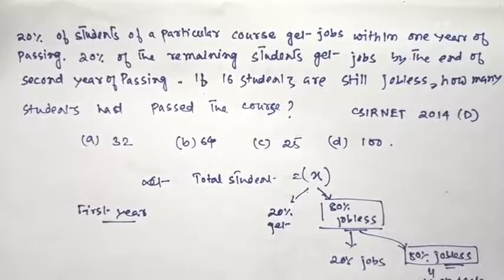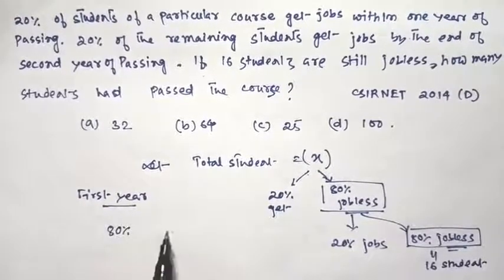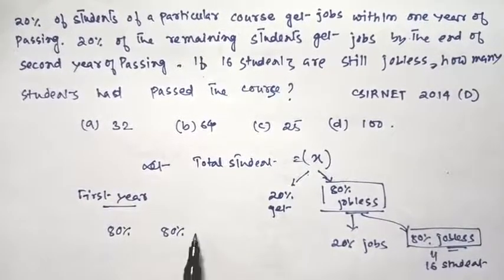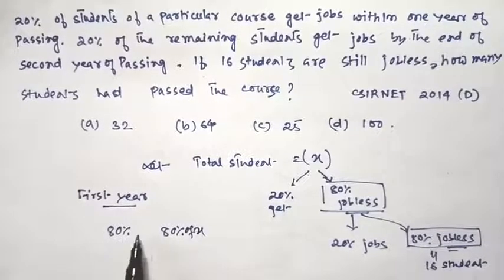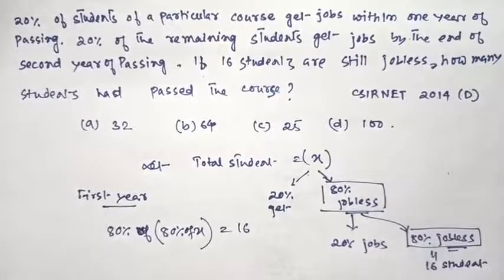So from this we can write 80% of 80% of X is equal to 16.